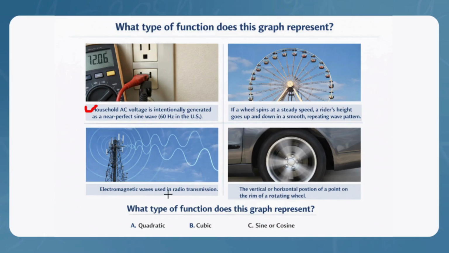Electromagnetic waves used in radio transmission. Or the vertical or horizontal position of a point on the rim of a rotating wheel. Is that quadratic, cubic, or sine or cosine? Circle your answer.